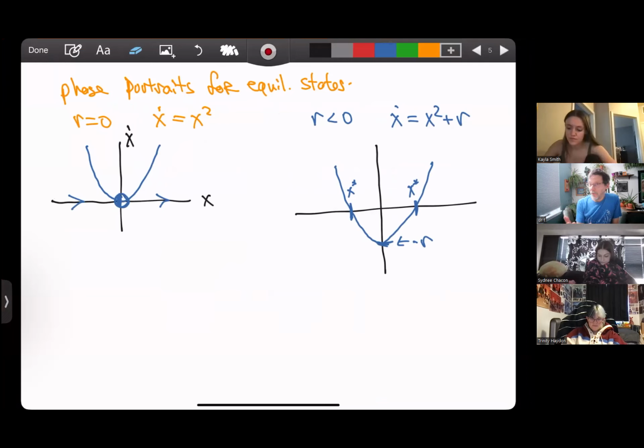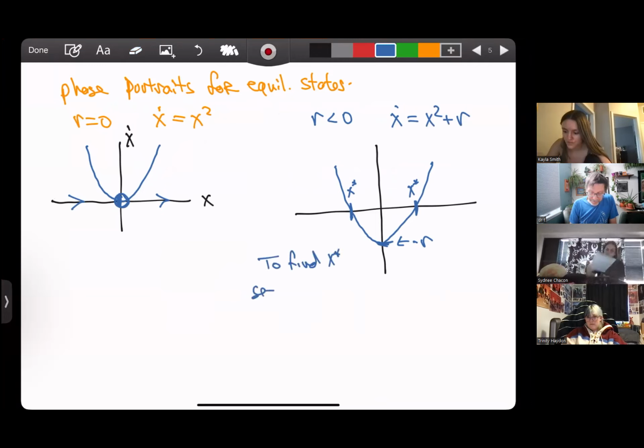All righty, so that was a little karma-free quiz. R is a negative number. So when I solve this thing for the equilibria, to find x star, I'm going to set x dot equal to 0. So we get 0 equals x squared plus r.